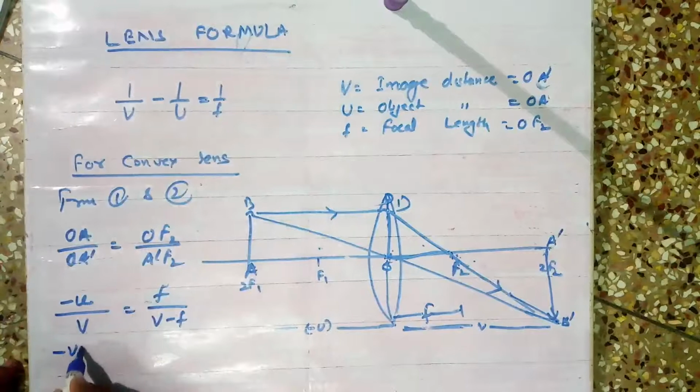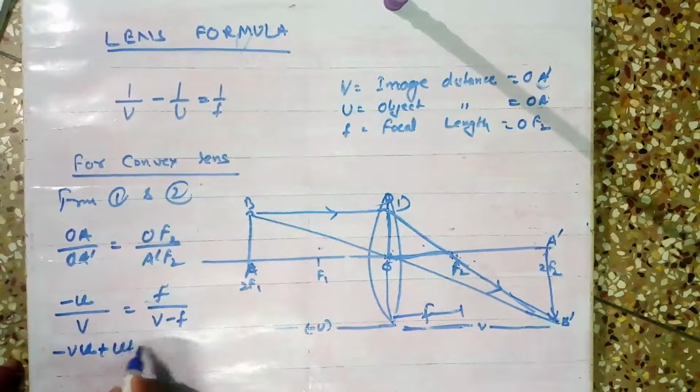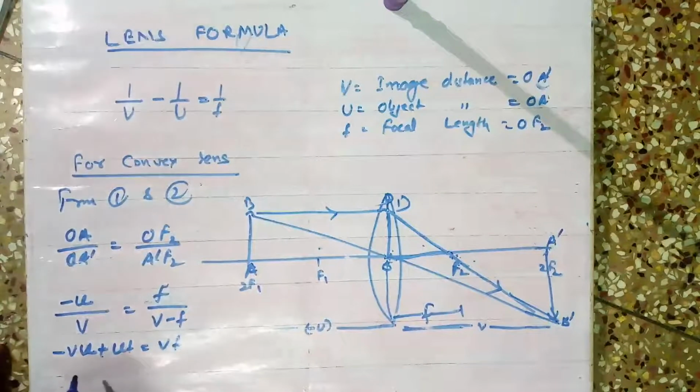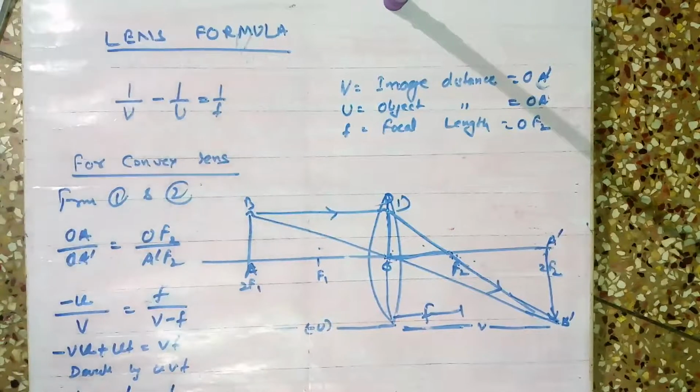Minus VU plus UF is equal to VF. Divide both sides by UVF. So it will become 1 by F minus UF will cancel, plus 1 by V is equal to 1 by U. Clear?